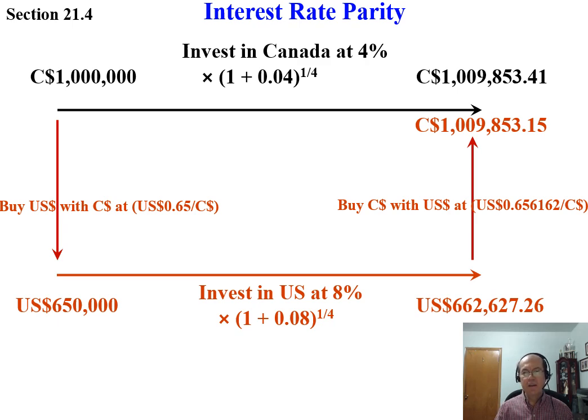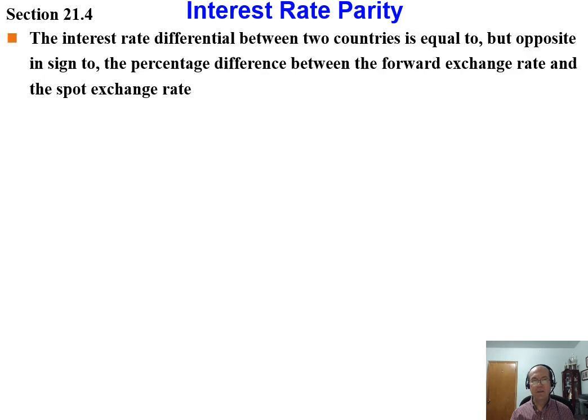Now let us summarize it more formally. Interest rate parity says that the interest rate differential between two countries is equal to, but opposite in sign to, the percentage difference between the forward exchange rate and the spot exchange rate.